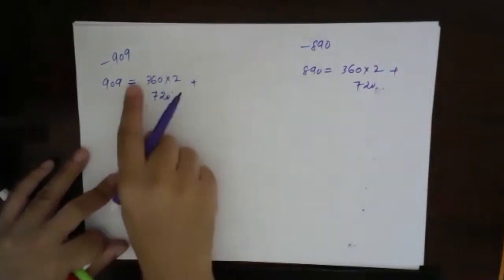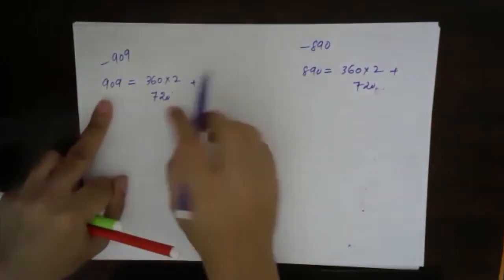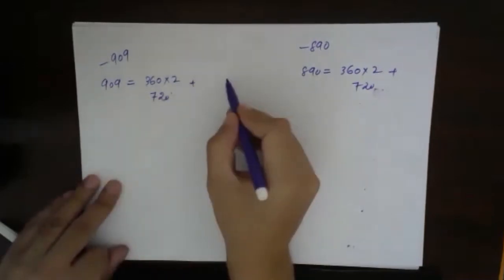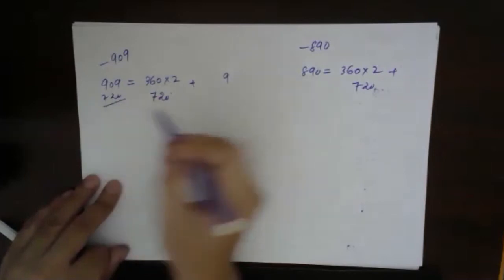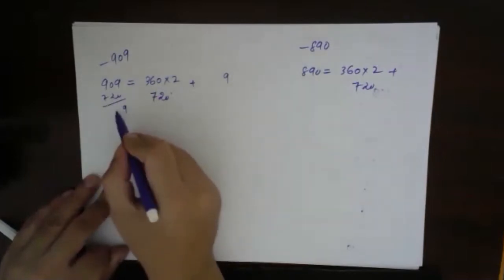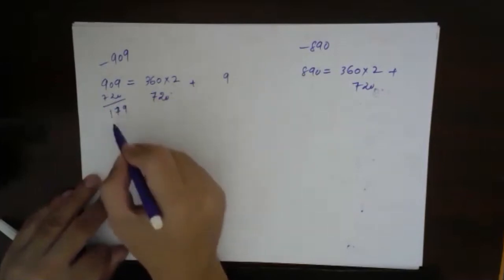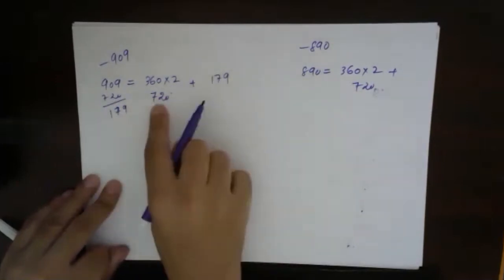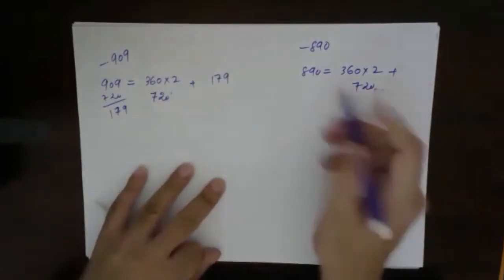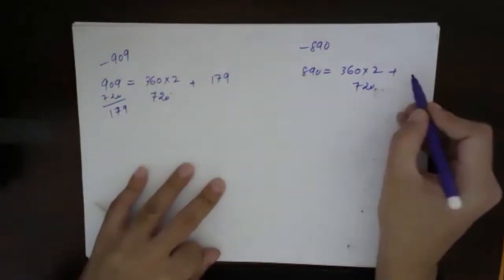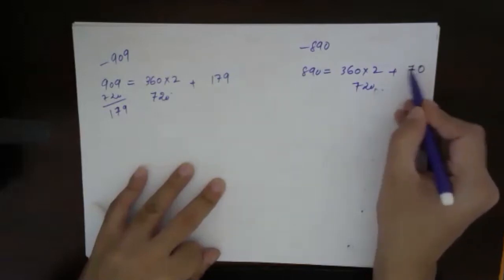If I subtract 720 from 909, this will be 189, and this is 720 plus 189.